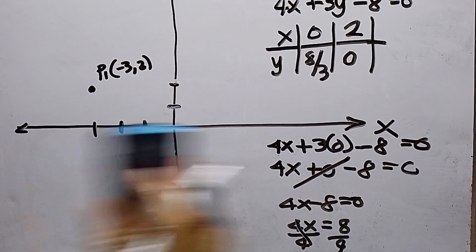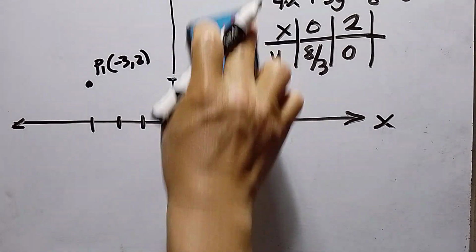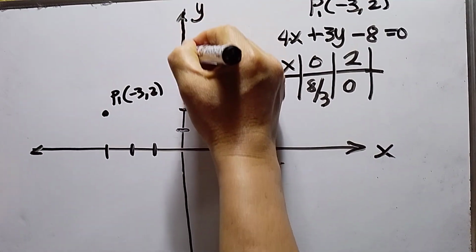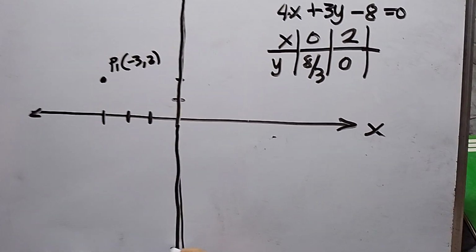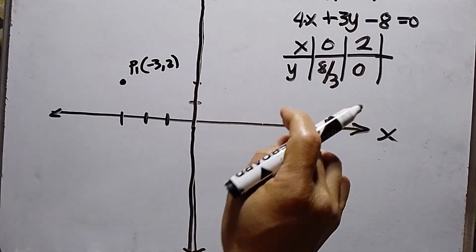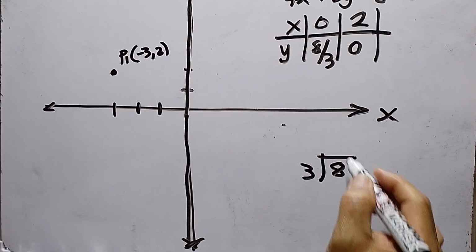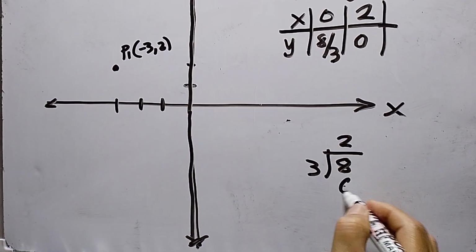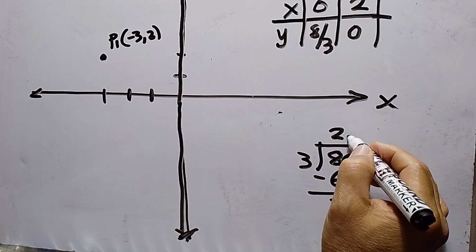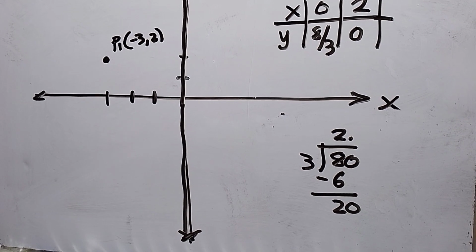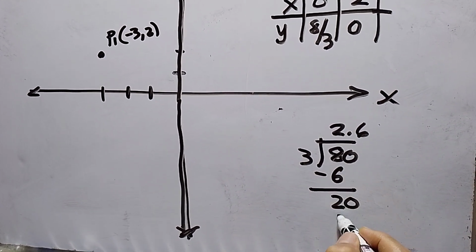Now I can plot this in the Cartesian coordinates. Point 1: what is 8 divided by 3? This is 2, 6, 2, then add 0, bring down 0. 20, so this is 6, this is 18.